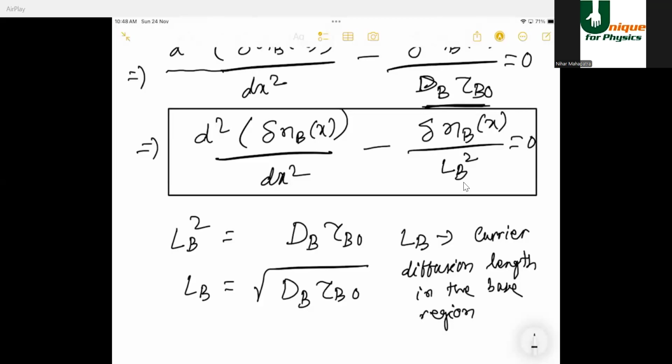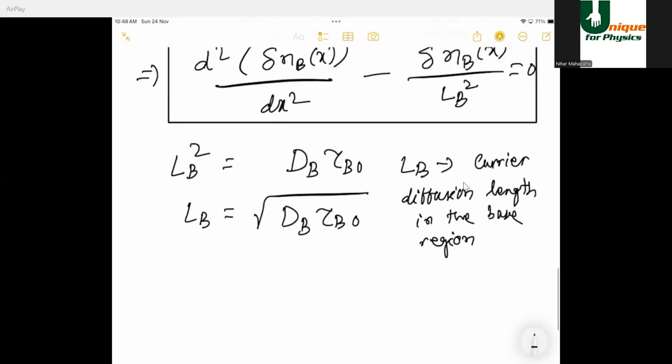This is a very simple second order ordinary differential equation whose general solution can be written. So we can write the general solution to the differential equation above, that is boxed.